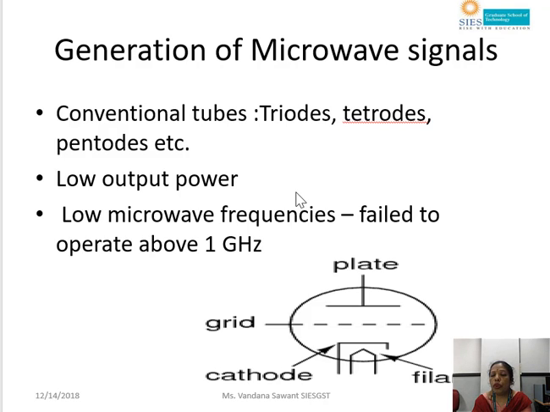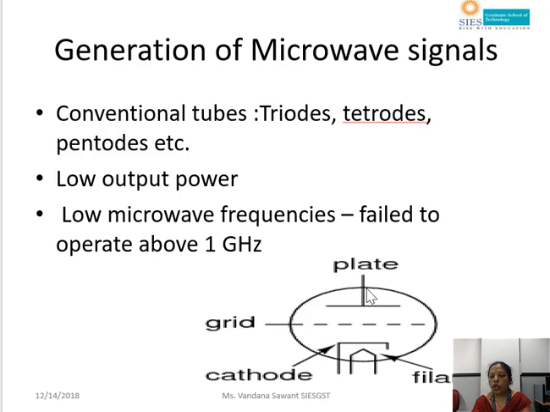Before going to microwave signal generation, we will see why these conventional devices cannot be used, and then how we can modify them to generate a microwave signal, which we'll see in the following lectures. The structure of these conventional tubes consists of filament, cathode, grid and plate.